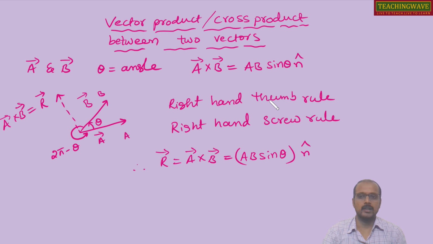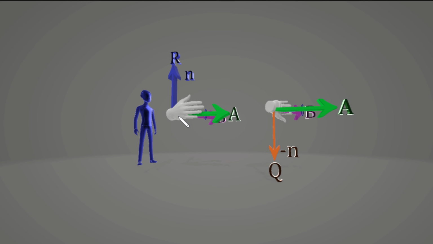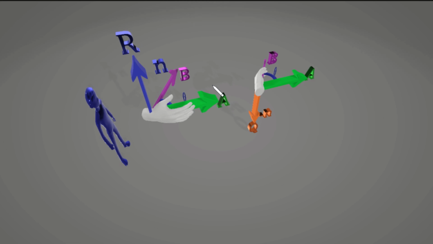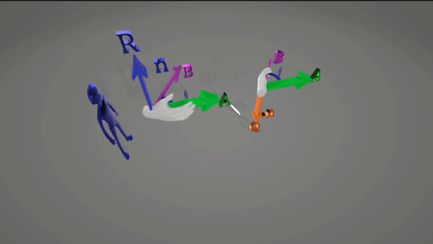Following the right hand thumb rule, we are going to discuss the direction of the resultant of the cross product of two vectors, that means the A bar cross B bar direction. That can be explained with the help of the right hand thumb rule or right hand screw rule.